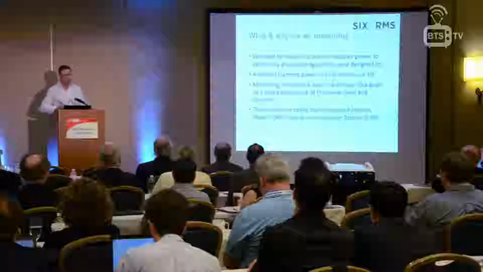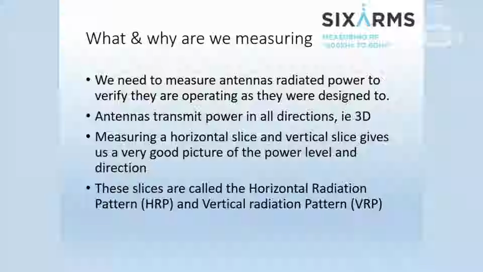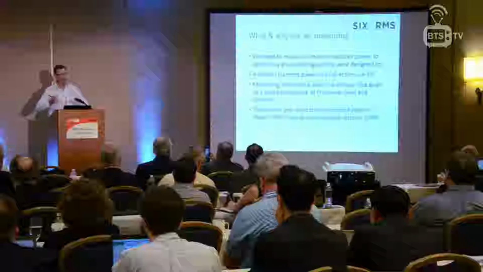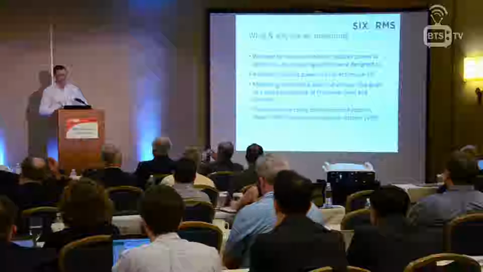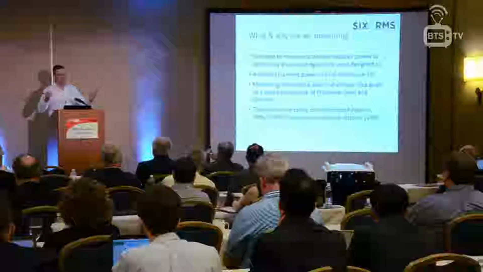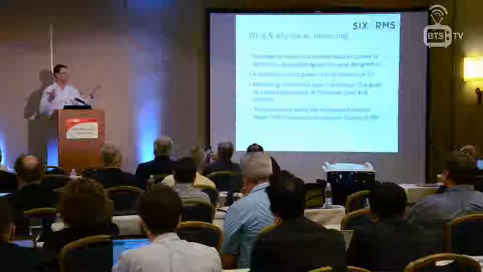And then what and why are we measuring? We're trying to measure whether the antenna's radiated power is conforming to what it should, if it's the correct amount of power, and where the power is actually going. Think of an antenna transmitting in all directions, a 3D thing.